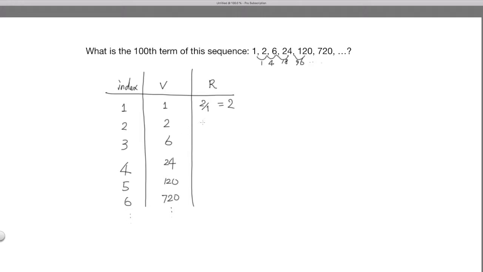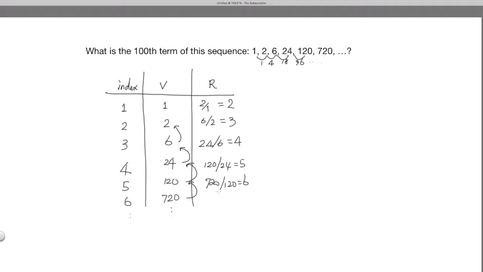The value for the second term is the ratio of the third term and the second term. 6 over 2 is 3. The third is 24 over 6, which is 4. And this, 120 over 24, is 5. 720 over 120 is 6.